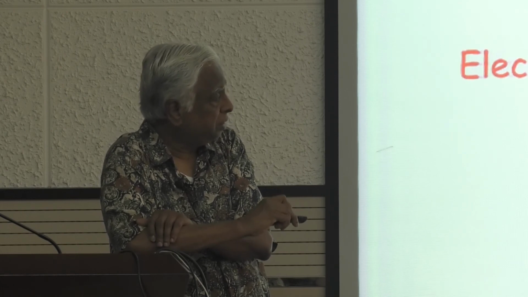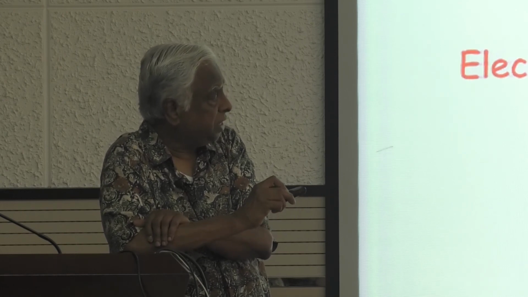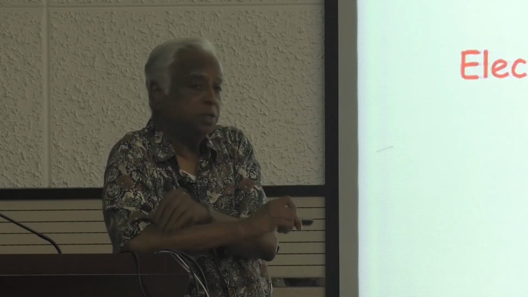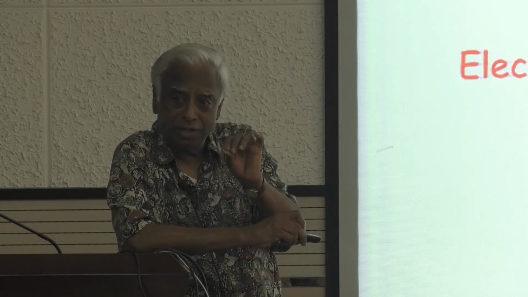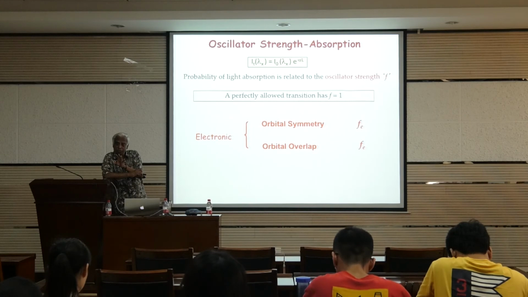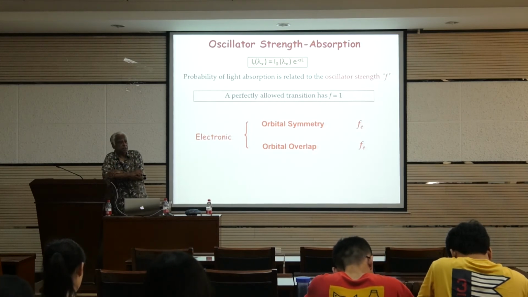If the oscillator strength is 1, that means 100% perfect. If it is 0, that means bad news. Everything is poor, nothing is going to happen. So depending upon the transition, the oscillator strength can change. First, the symmetry and the overlap between the two orbitals involved will decide whether the particular transition is allowed or forbidden.